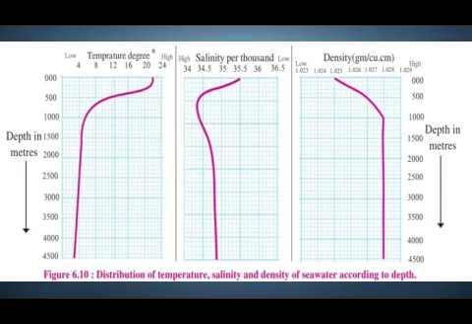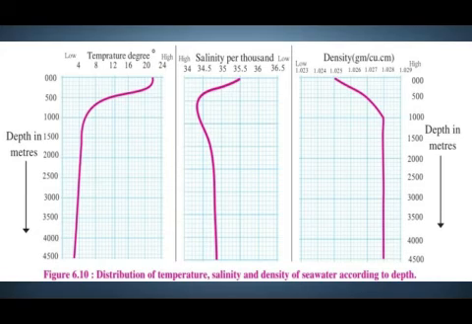At greater depth, winds, sun rays and currents do not affect these properties, and therefore after around 1000 meters depth there is no change in all the three factors. That means after 1000 meters depth there is no change in temperature, nor in salinity, nor in density.